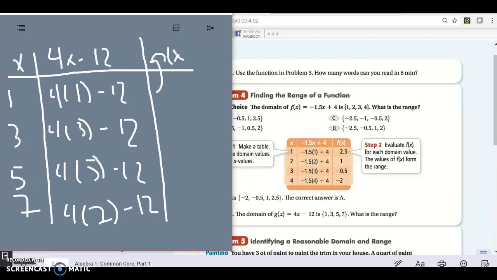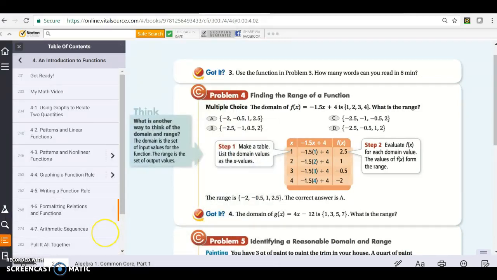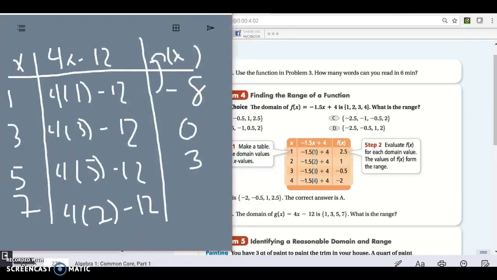So 4 times 1 is 4, and 4 minus 12 will give me negative 8. 4 times 3 is 12, 12 minus 12 is 0. 4 times 5 is 20, 20 minus 12 is 8. And this is supposed to be 7.